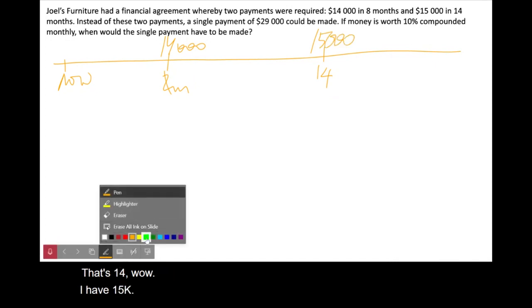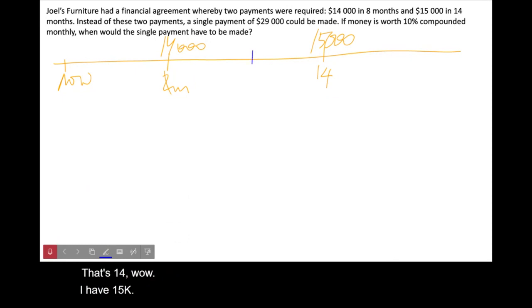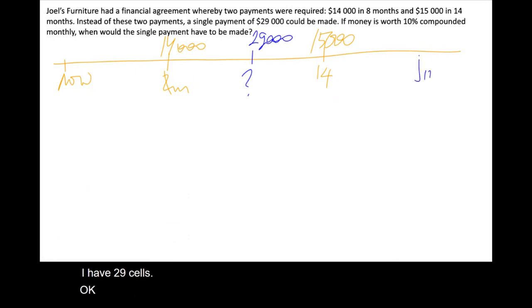Somewhere here I have 29,000. Okay, I have J12, 10%. Focal date is here.